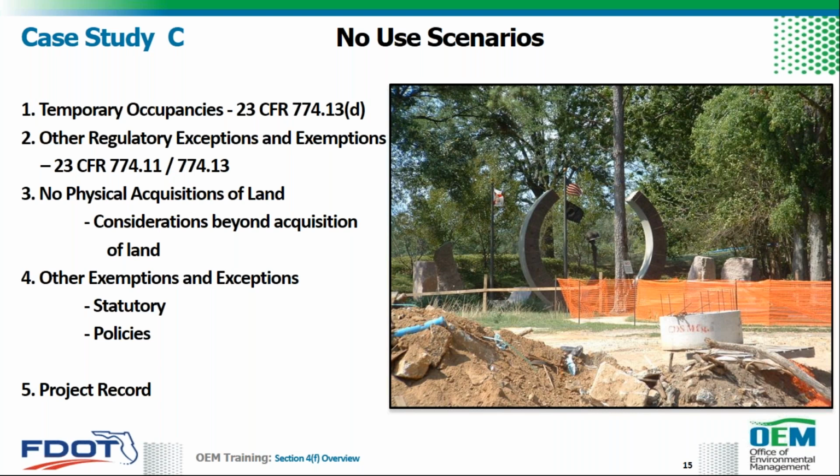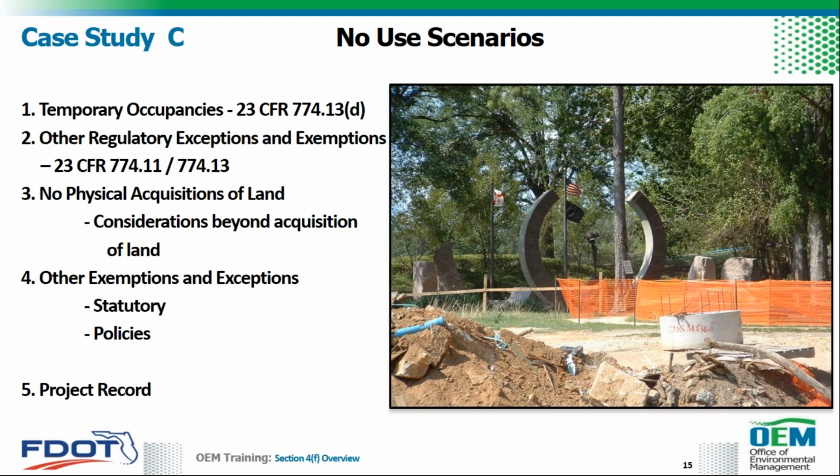It is very important to assess the proximity impacts of the project and assess the sensitivity of any properties that may be protected by Section 4F, which might be alongside your project, but which we are not taking any land from.